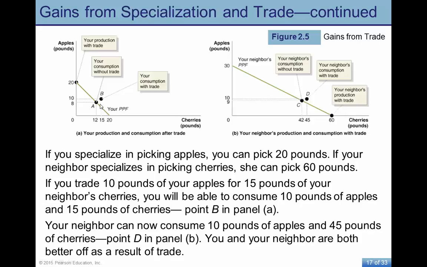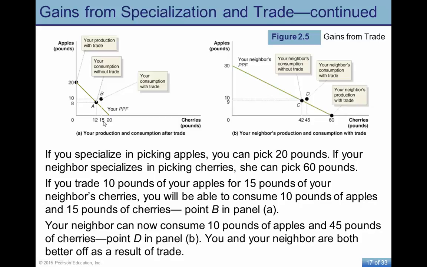And with the trade, you will be able to choose combination B outside your PPF. In other words, you can shift your consumption outside the PPF. And at point B, now you will consume 10 pounds of apples and 15 pounds of cherries.